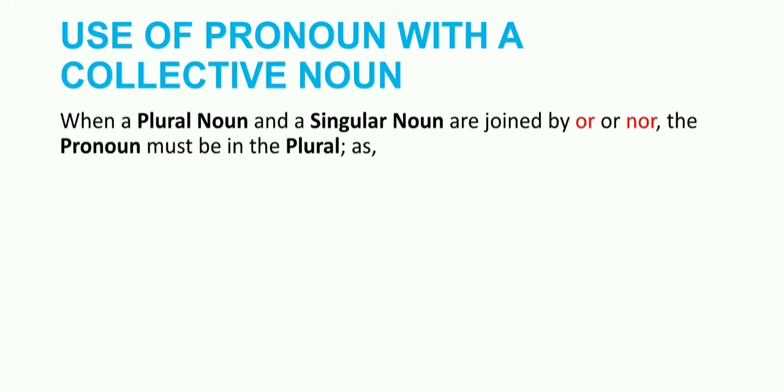The next statement is, when a plural noun and a singular noun are joined by or, nor, the pronoun must be plural. Now the statement changes: when a plural noun and a singular noun, two cases, are joined by or, nor, the pronoun must be in plural number.